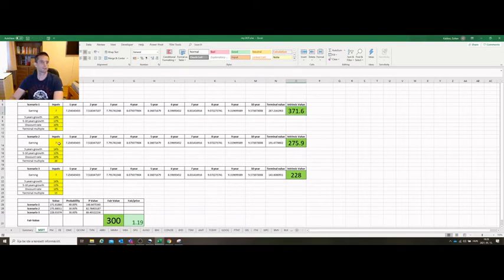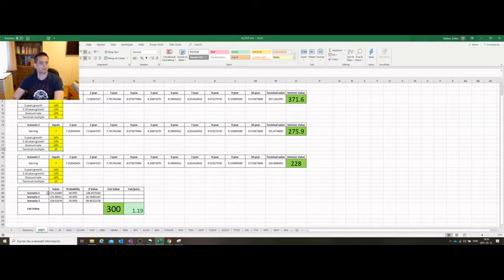If I use more realistic numbers, the same growth rate but a terminal multiple of 20, then suddenly it's 275, and in the more pessimistic scenario 3, where the terminal multiple is 15 at the end, it's only 228.